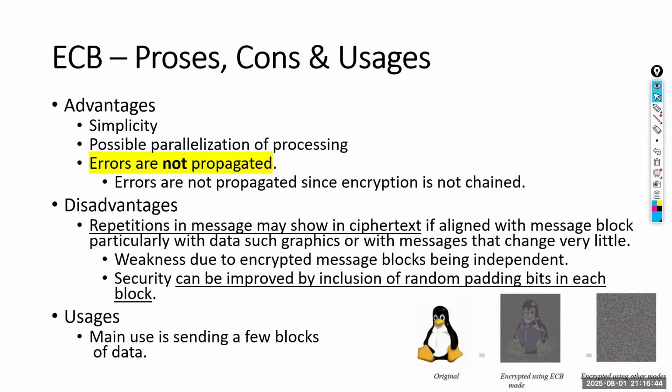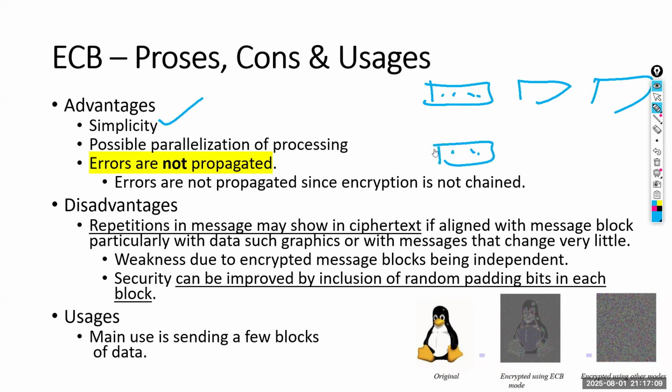So this is the simplest approach. There are advantages and disadvantages. The main advantage is that this is obviously simple, right? And also errors are not propagated, because if there's an error in the encryption of this block, it is not going to affect other blocks. Only this block is corrupted. All the other blocks can be decrypted to the exact original.